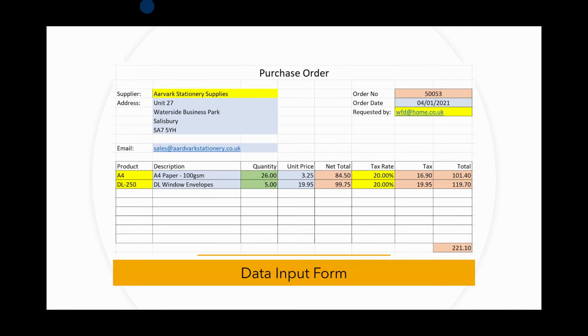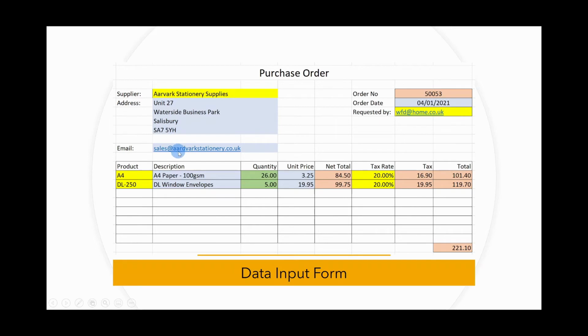So the fields in yellow, such as the supplier, who it's requested by, the product, and the tax rates will come from lookup tables. The address will also come from a lookup table, but will be able to be overwritten by the user. So for example, Aardvark Stationery Supplies will have maybe this address on their record, but we could change the address for the order.